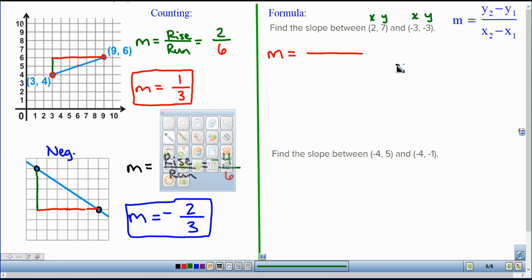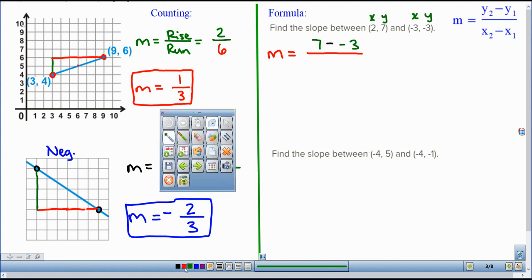So I'm going to pick, because it's the first one, I'm just going to pick the 7 to be this y value. So I'm going to write 7. After we've done the y, there's a minus sign right there. That's what goes next. And now I look for the other y value. Since I already used 7, -3 is the other y value.